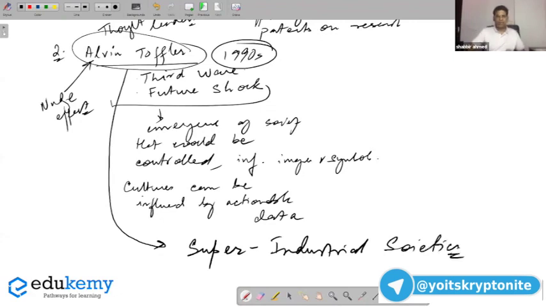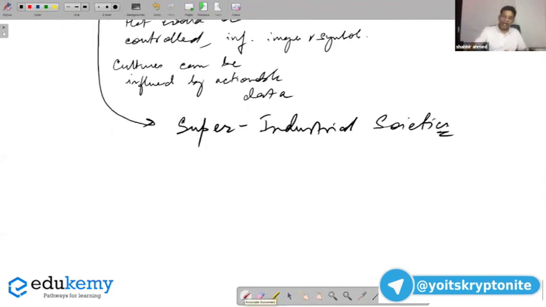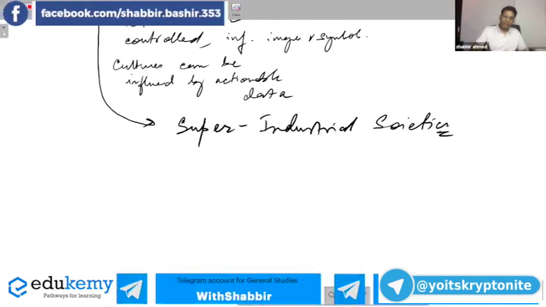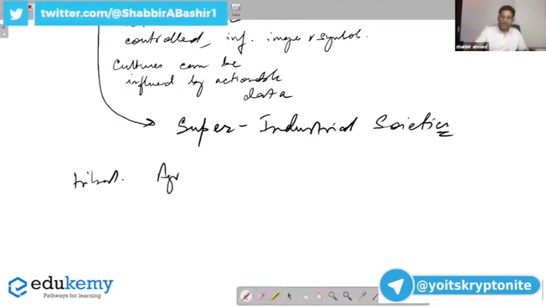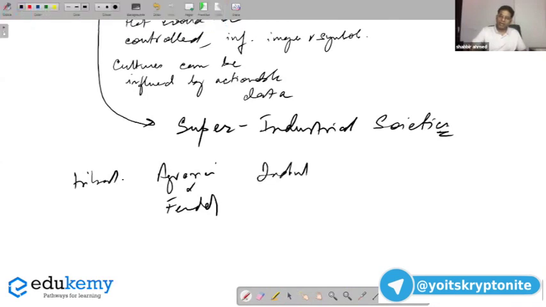Okay, super industrial society. If you look at the way society has been developing, we had tribal societies. From this, we had agrarian and feudal societies, and then we had societies which were industrial.